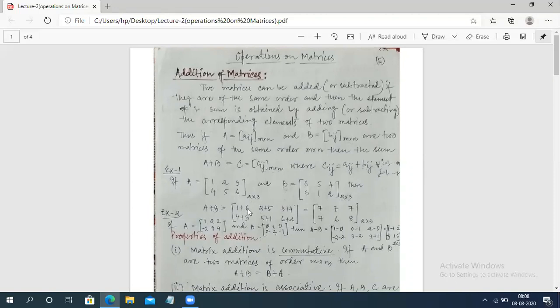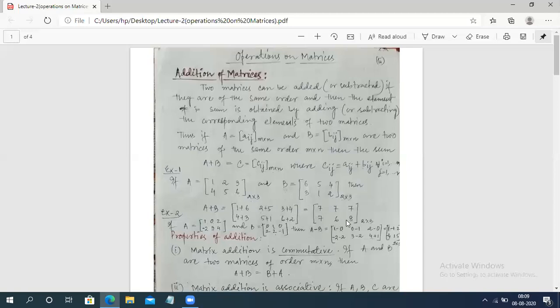1 plus 6, 2 plus 5, 3 plus 4, 4 plus 3, 5 plus 1 and 6 plus 2. That means we are adding the first element of matrix A with the first element of matrix B. The second element of matrix A is added with the second element of matrix B. Similarly, the third element of matrix A is added with the third element of matrix B, and so on.